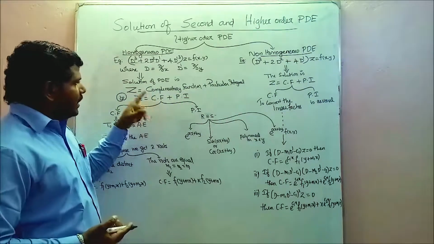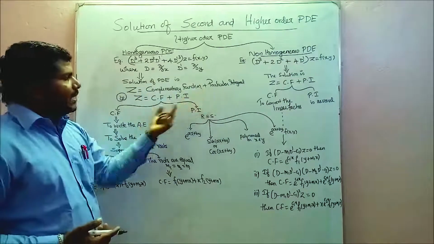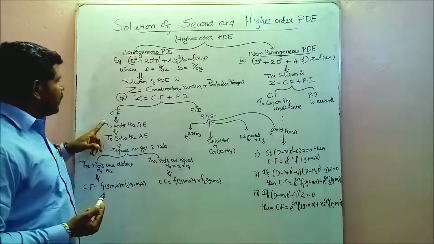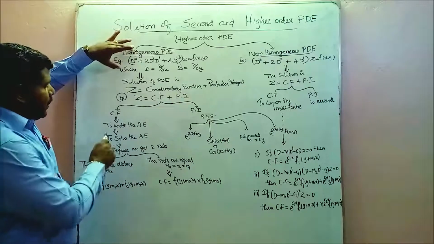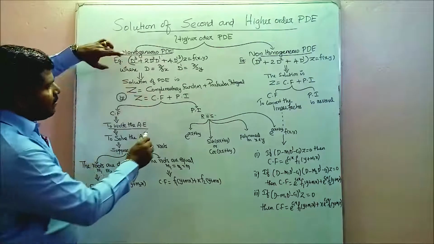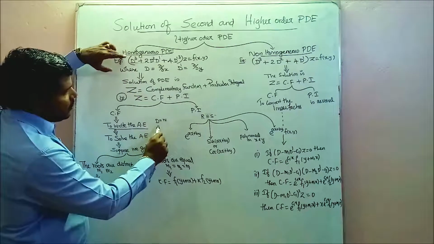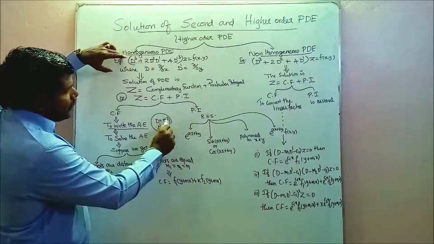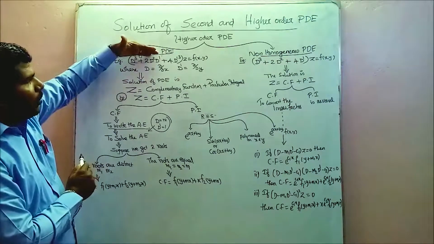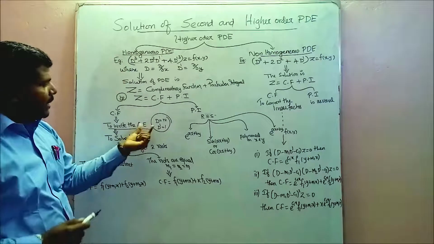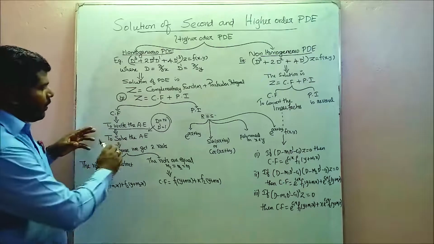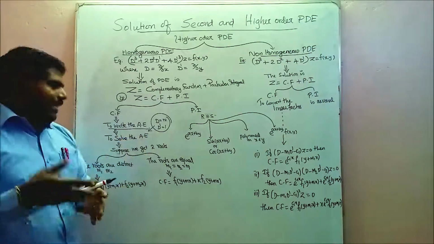The complementary function is taken as CF, and the particular integral is taken as PI. The procedure is how we find the complementary function. For any homogeneous differential equation given, first write the auxiliary equation. How to get the auxiliary equation? Replace D by m and D dash by 1 in the given question. The equation obtained by substituting m in place of D and 1 in place of D dash is called the auxiliary equation. Then we solve the auxiliary equation using the usual method.